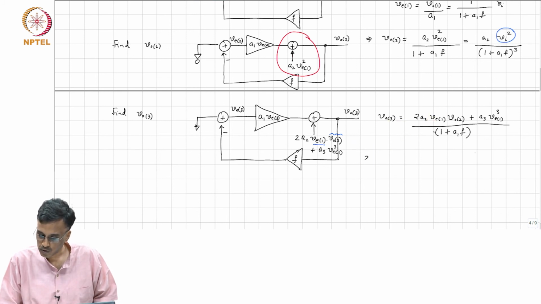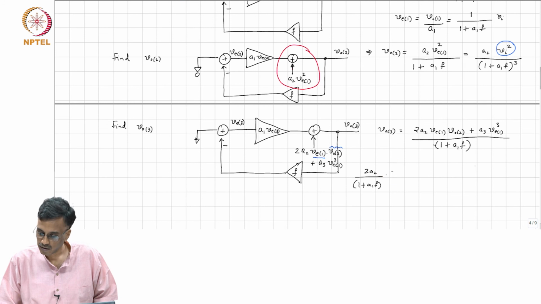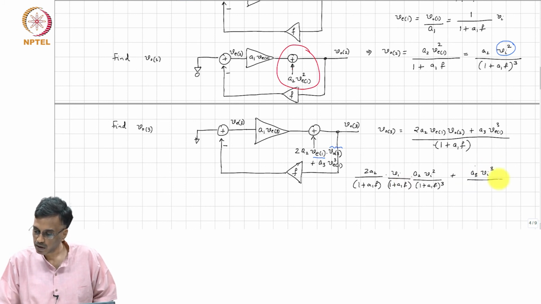So, this just becomes 2A2 by 1 plus A1F times V error 1, which is Vi by 1 plus A1F, times VO2, which is nothing but A2 Vi square by 1 plus A1F the whole cube, plus A3 times Vi cube divided by 1 plus A1F whole power 4.